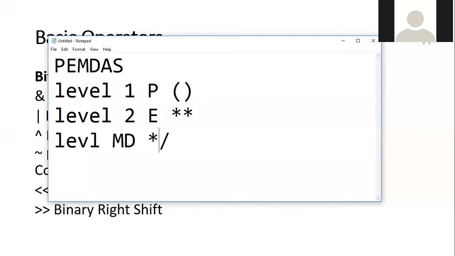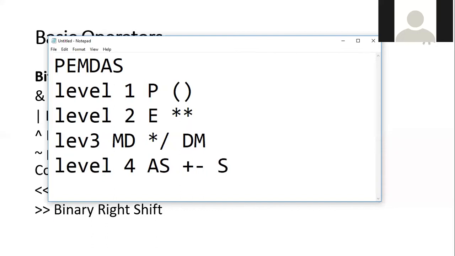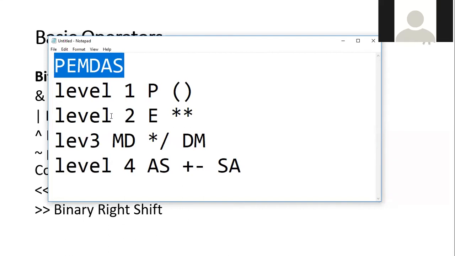And magka-level ang multiplication and division. Meaning, you can evaluate division first before multiplication. Okay? And level 4, we have addition and subtraction. Same level ang addition and subtraction, meaning pwede maunang ma-solve ang subtraction over addition. Kaya lang naging PEMDAS yan is mas madali siyang i-pronounce.